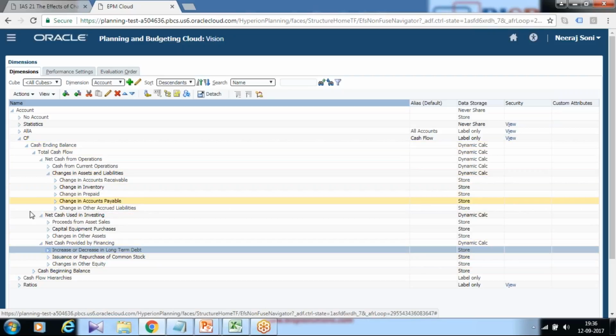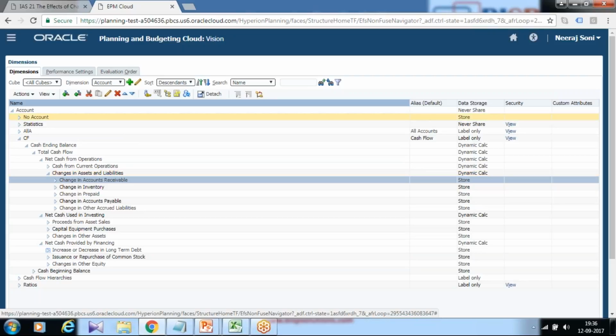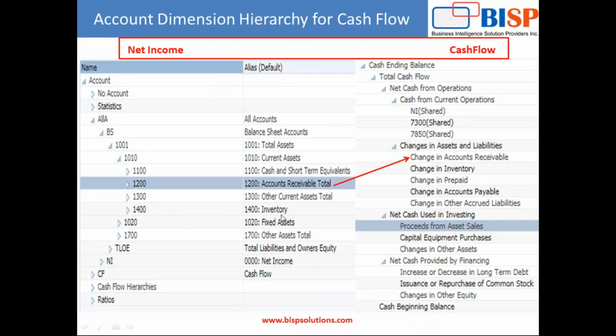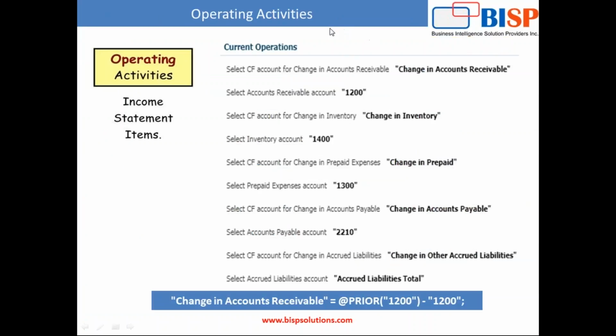Once calculation takes place, the output is stored under cash flow elements. For example, how does change in account receivable come about? Let's see over here. Change in account receivable is the difference of previous period minus current period. If you are calculating for the month of February, it would be account receivable for January minus February.